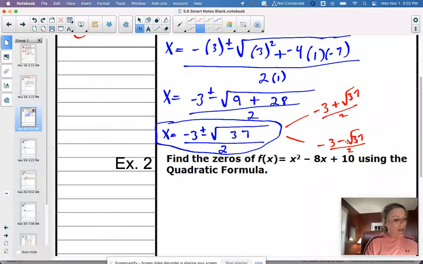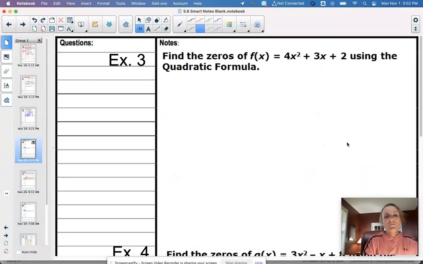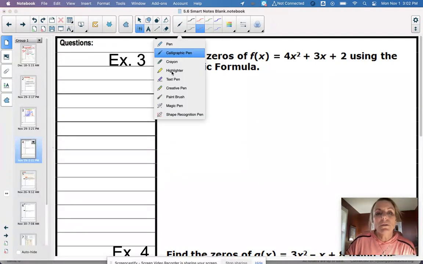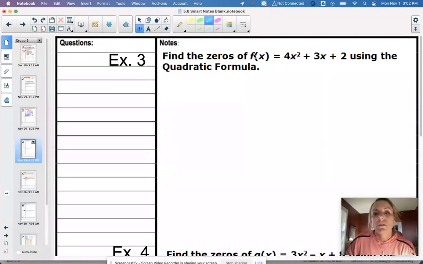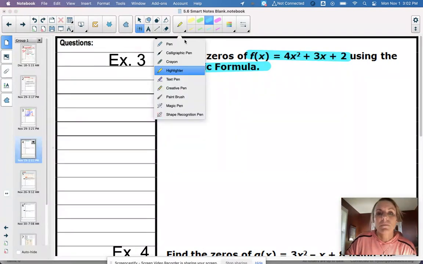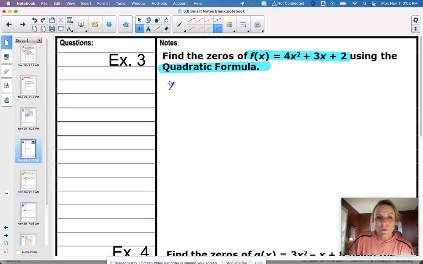Example 2 we're going to do in class, and example 3 I'm going to do right now. Find the zeros. There's our function, and we're going to use the quadratic formula. So x is equal to -b plus or minus the square root of b squared minus 4ac all over 2a.